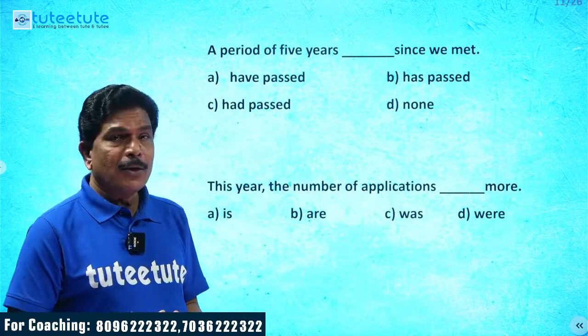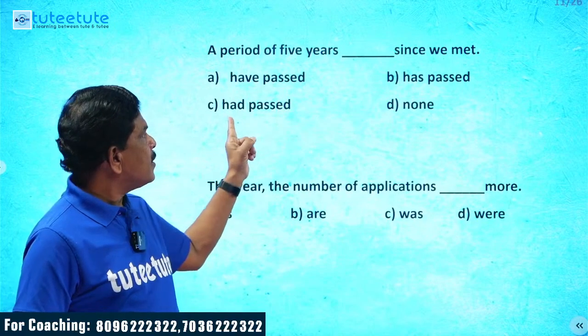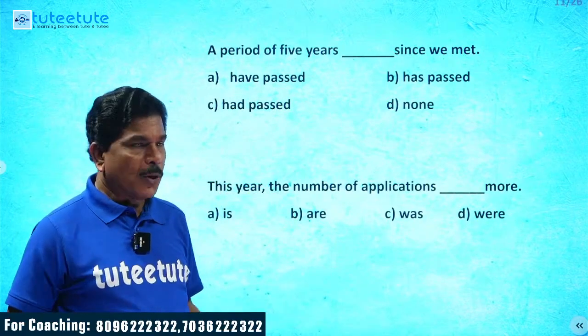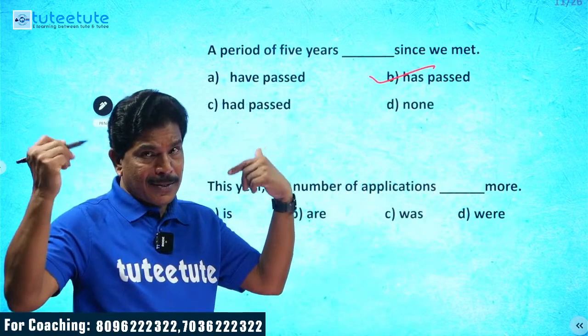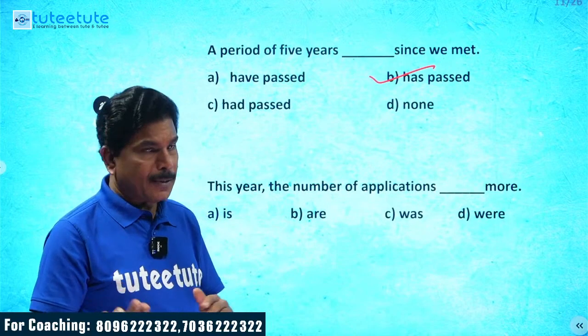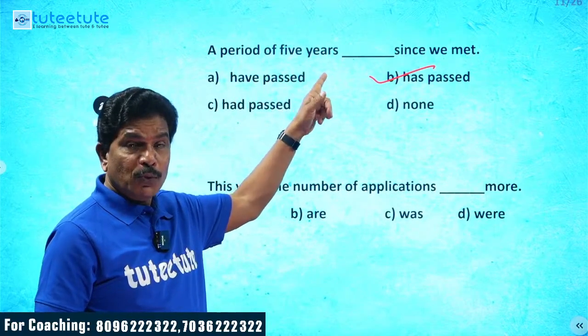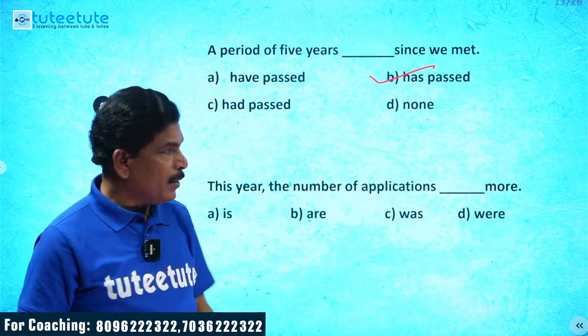So a period of 5 years has passed, since we met last. Period is singular. Though 5 years is plural, it is a period. There is only one period.